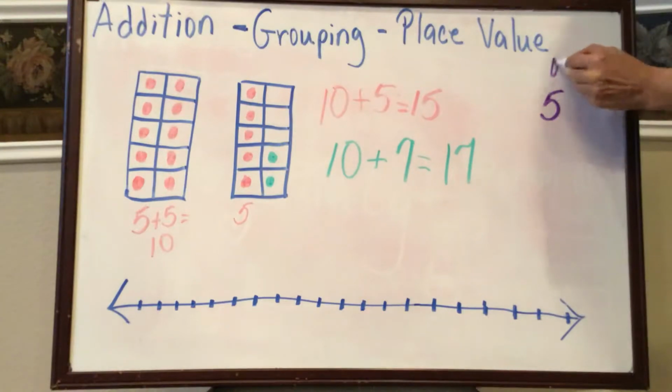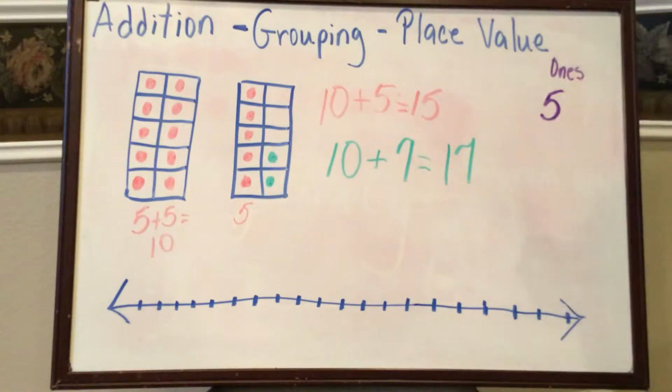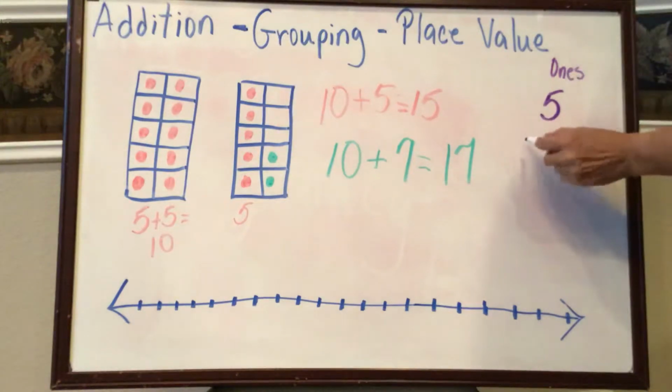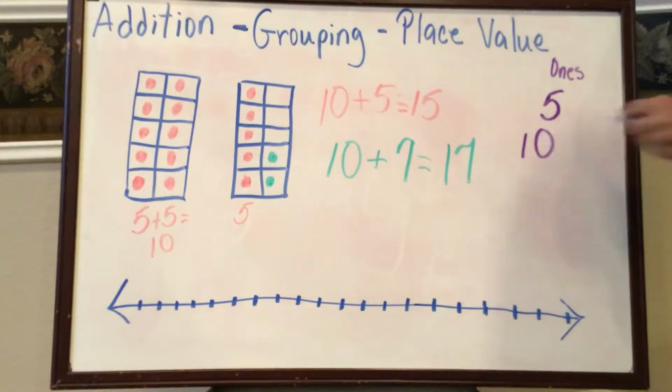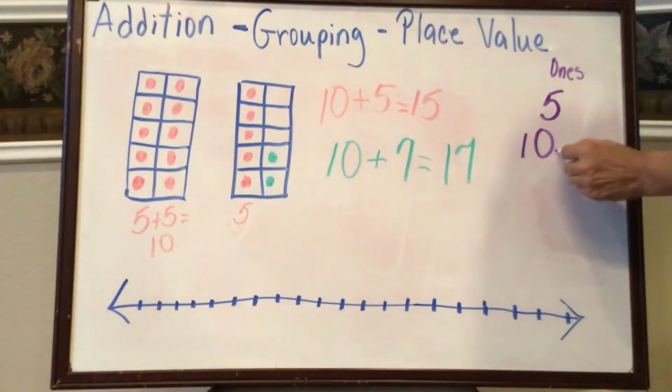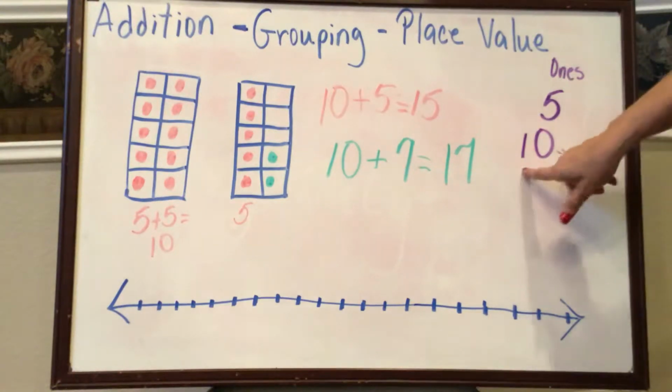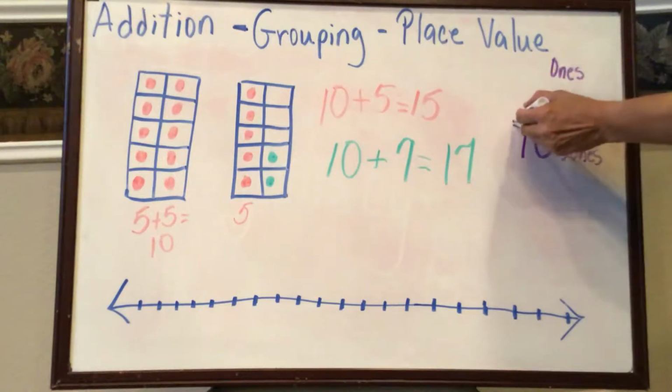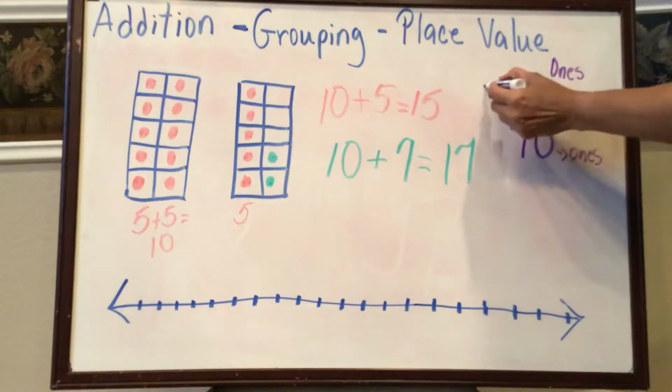So I'm gonna write right here, ones place is only 1. But if I write here the number 10, okay, the 0 is in the ones place. Let me put it here. And the 1, let's put it right here, is in the tens place.